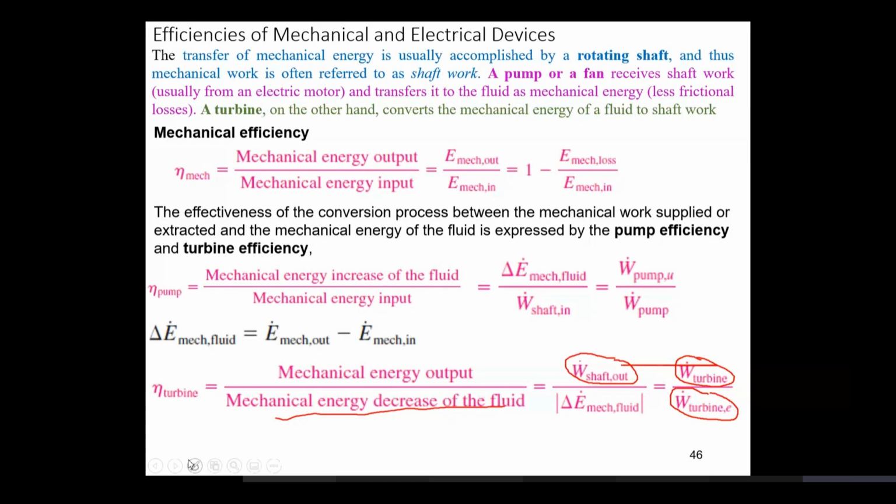Sir, please repeat the turbine part once more. All right, turbine. How do you rotate a turbine? You apply pressure onto it. Pressure rotates the turbine. So high pressure steam enters the turbine, starts rotating it, and leaves the turbine at low pressure.